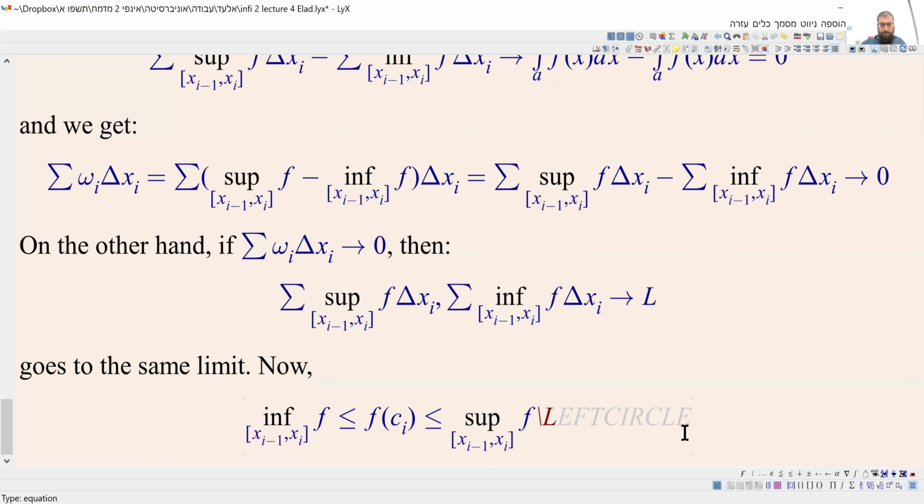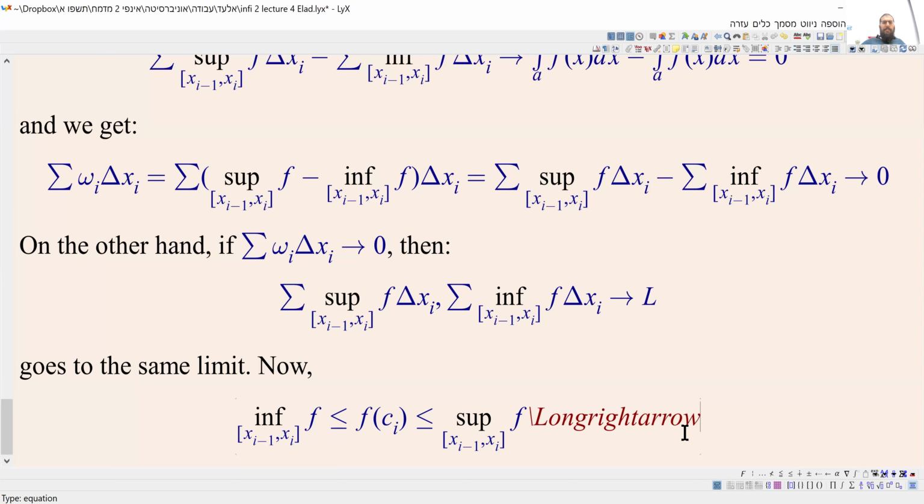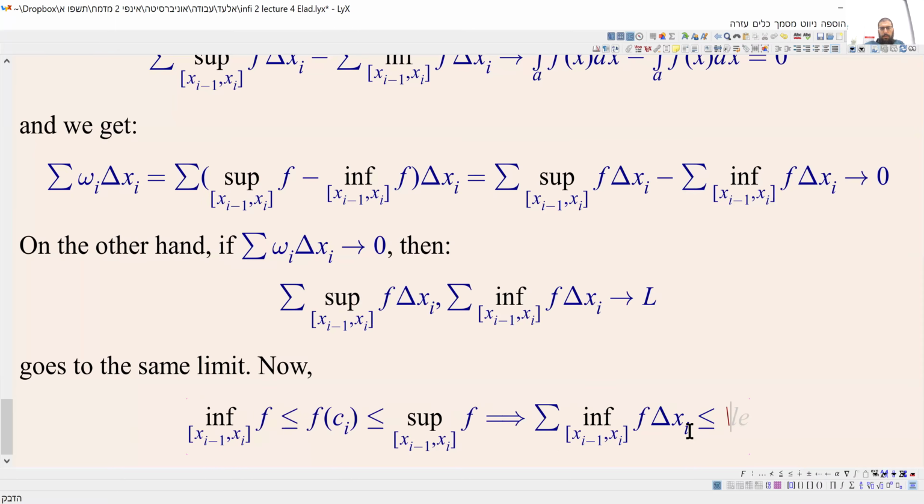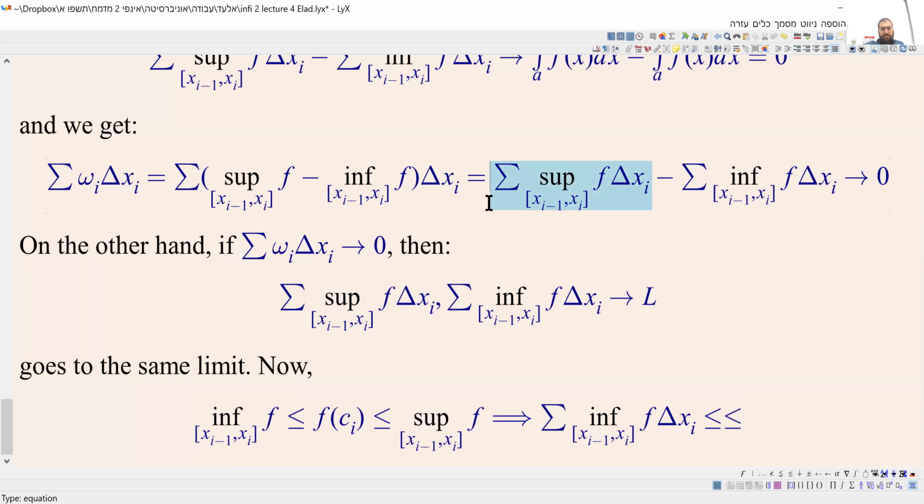That means that the corresponding sums act the same: the sum with inf and the sum with sup bound the sum with f of Ci.